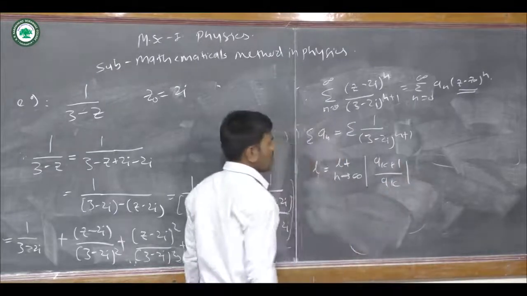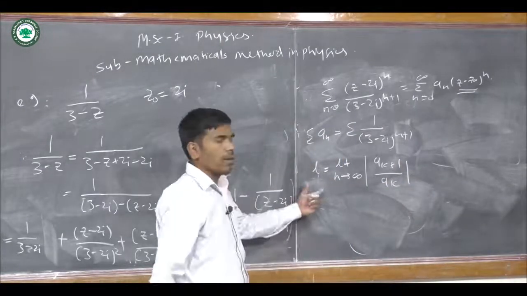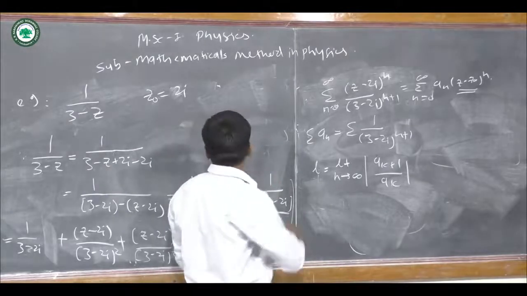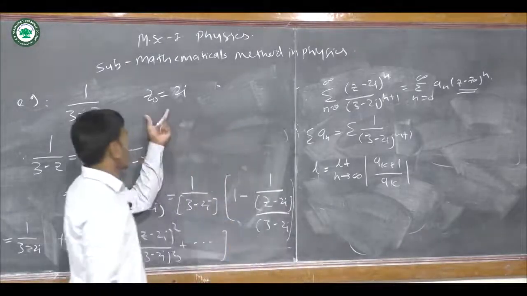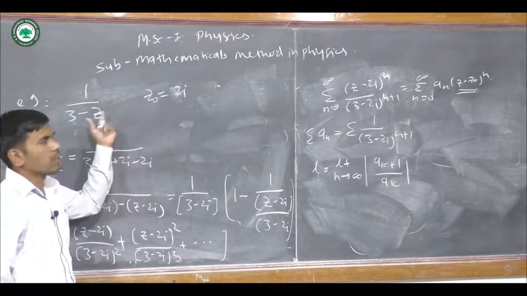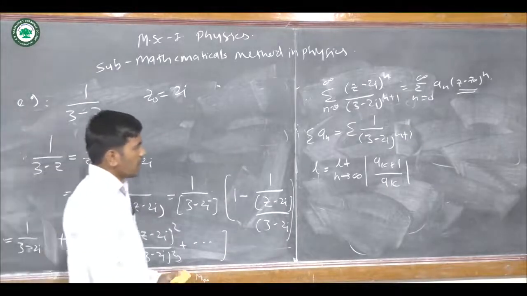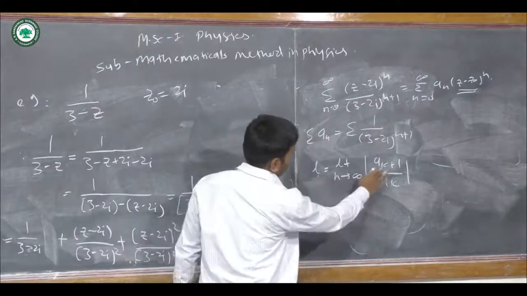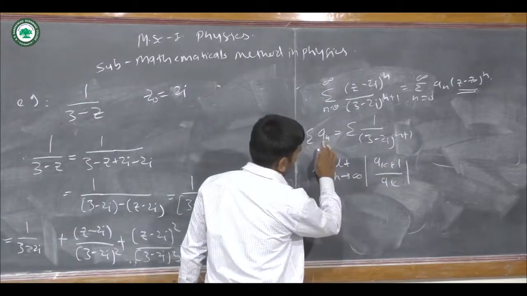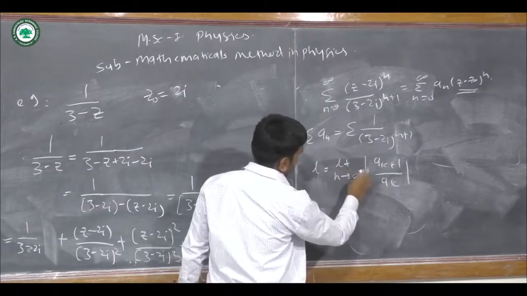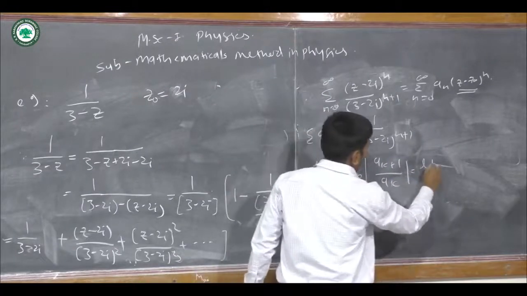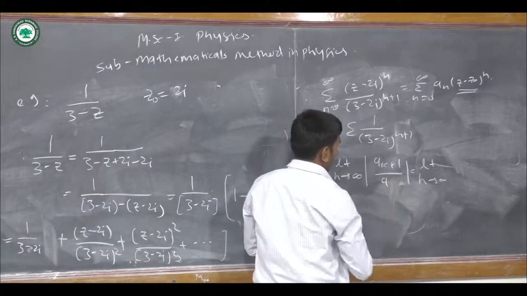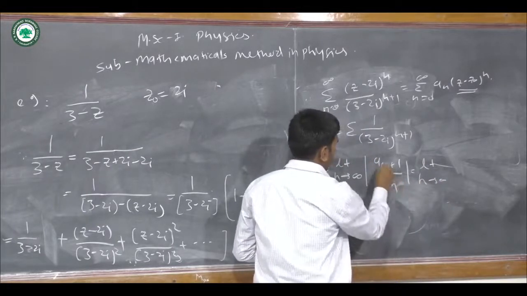If I use this limit, we can find the radius of convergence, which means we can find the region where we want to expand this power series.